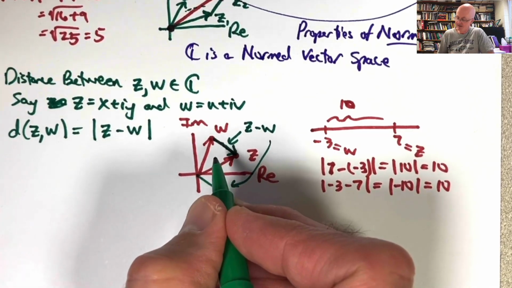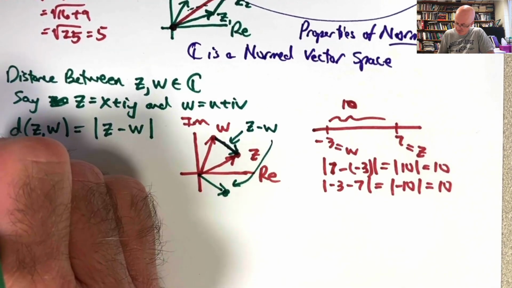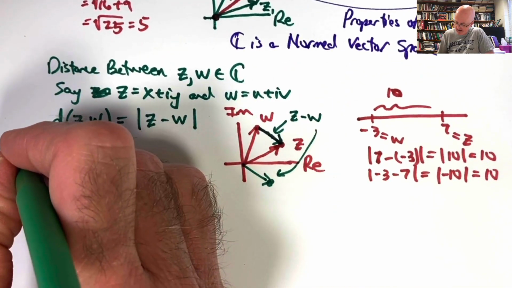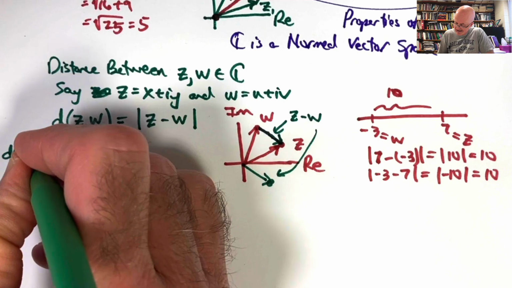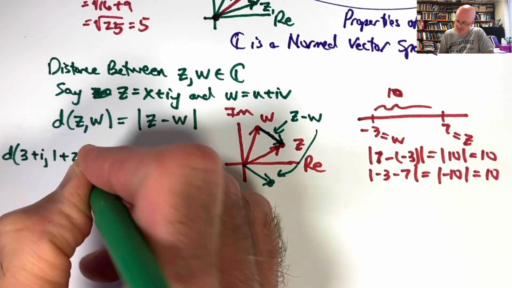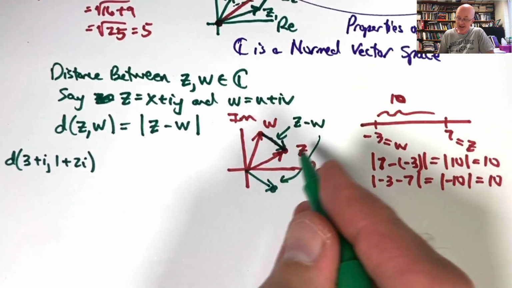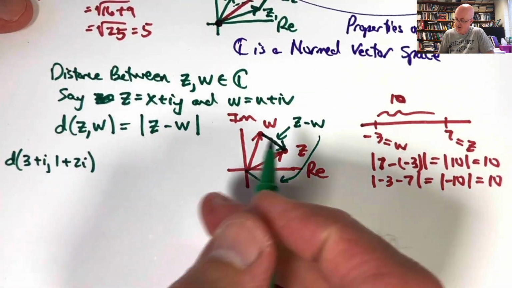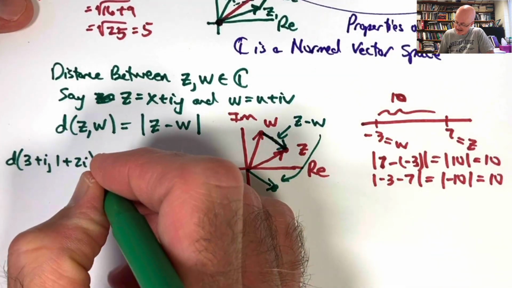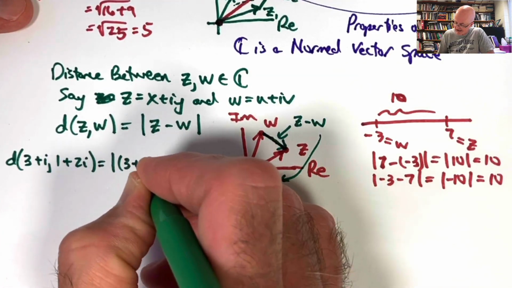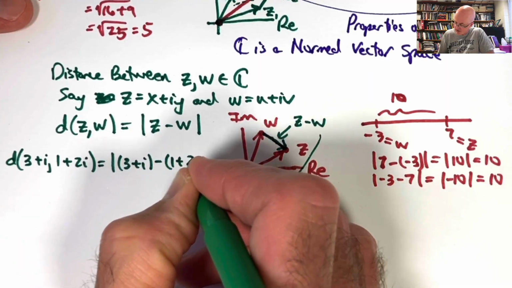It makes intuitive sense. As an example, we could try to find the distance between, say, 3 plus i and 1 plus 2i. By the way, I'm doing these seemingly for always points in the first quadrant of the complex plane, but all these formulas work no matter where you are in the complex plane. That'll be the modulus of the difference, 3 plus i minus 1 plus 2i.